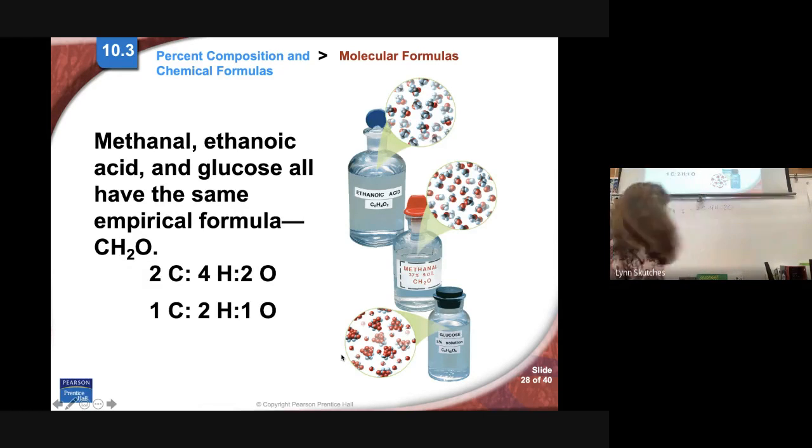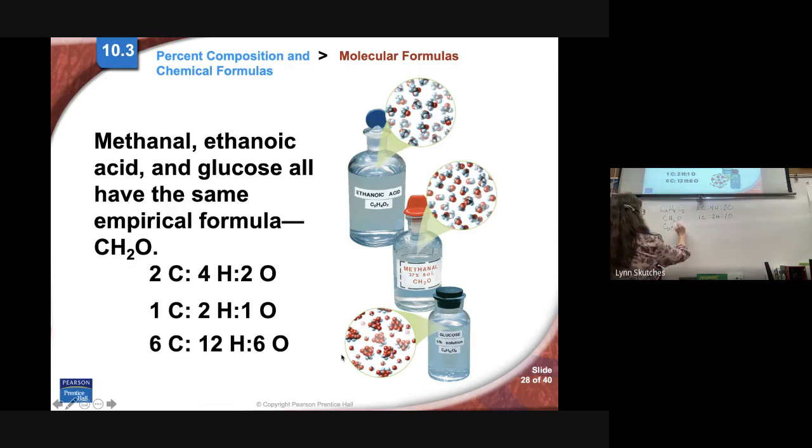There's also something called methanal, CH2O, 1 carbon, 2 hydrogens, 1 oxygen. And there's one that you should be familiar with from last year, your friend glucose. All you smart people burning the glucose in those brain cells.